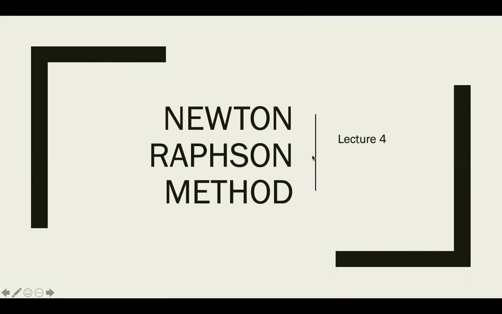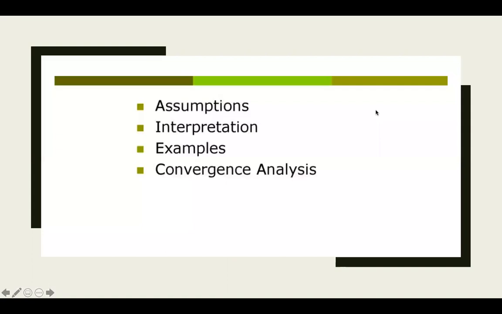So, okay, in the last lecture, we saw the bisection method, and in today's lecture, we are going to learn the Newton-Raphson method. First, we will learn the assumptions when we want to find the root of an equation using the Newton-Raphson method.